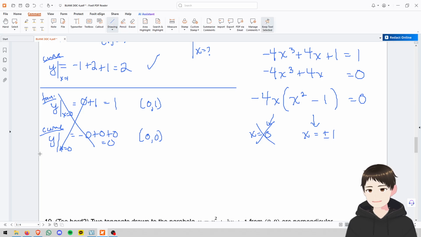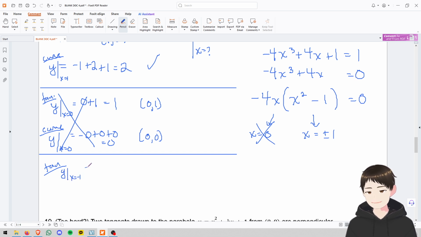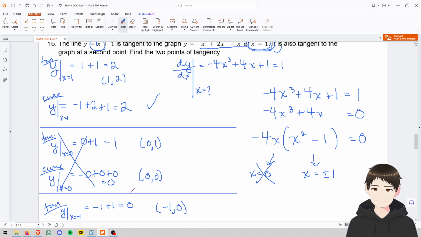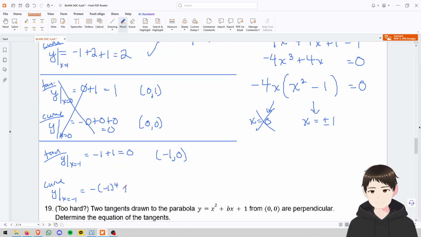And just to confirm, on the tangent, y when x equals -1 would be -1 plus 1. That's a 0. So -1 comma 0. Okay. On the curve, y when x equals -1 would be -1 to the power of 4 plus 2 times -1 squared plus 1.